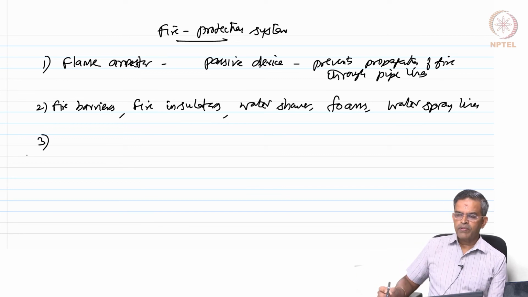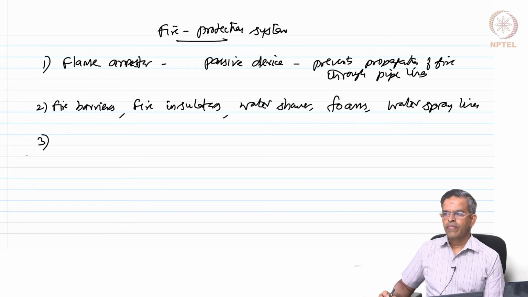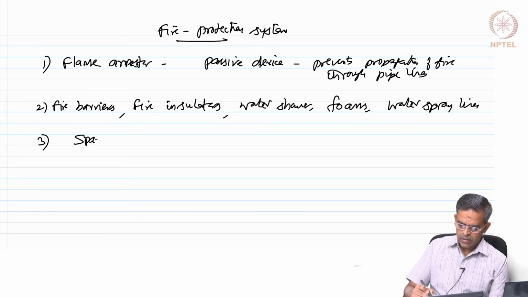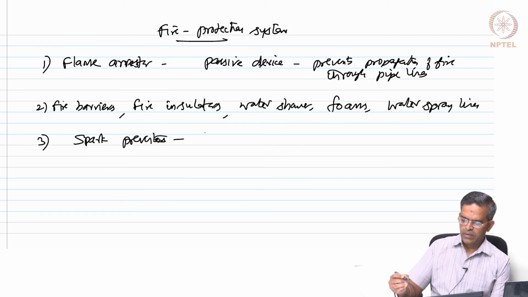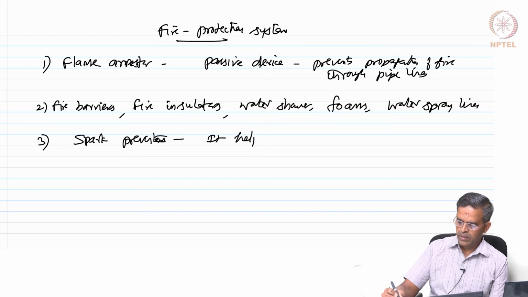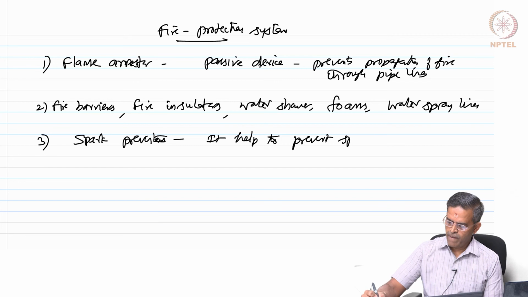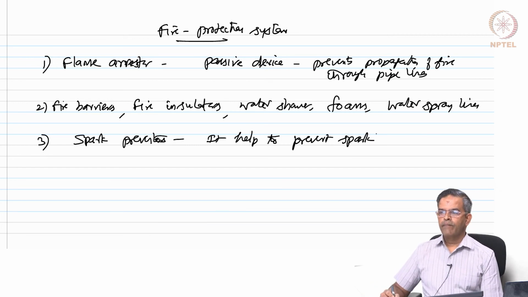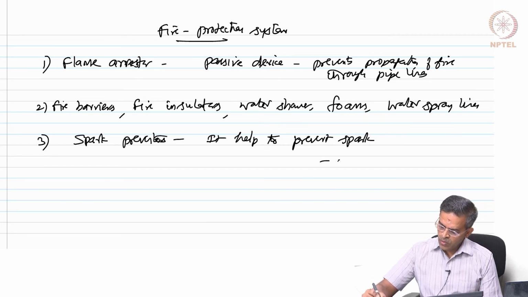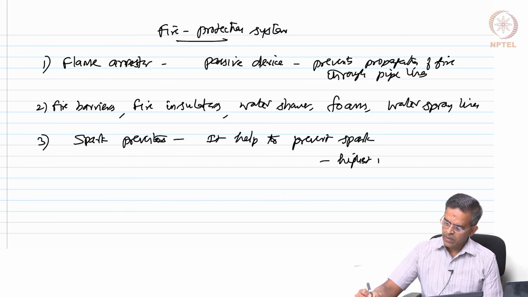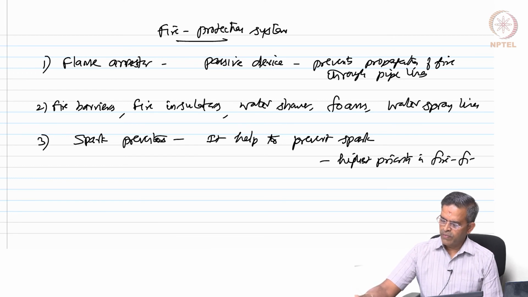The third set of fire protection system involves spark preventers. It helps to prevent spark. This is one of the highest priority in firefighting systems, sorry, fire protection systems.